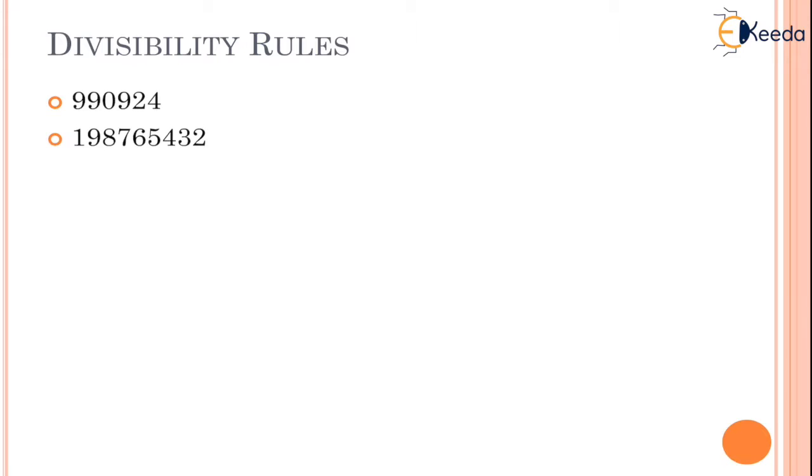Okay, so let us understand divisibility rules. When can you say a number is divisible by 2? Any number which is even is divisible by 2.